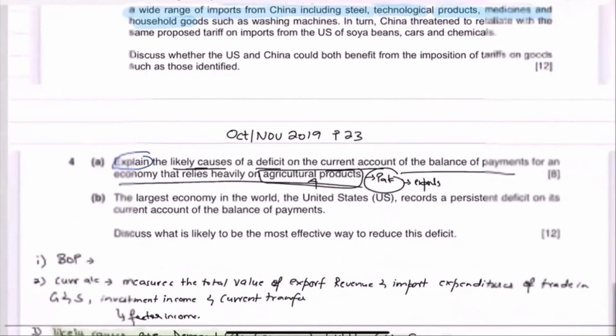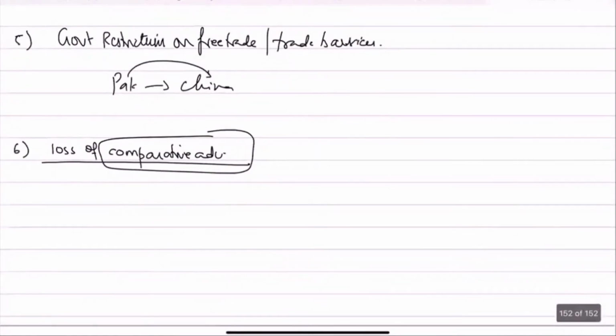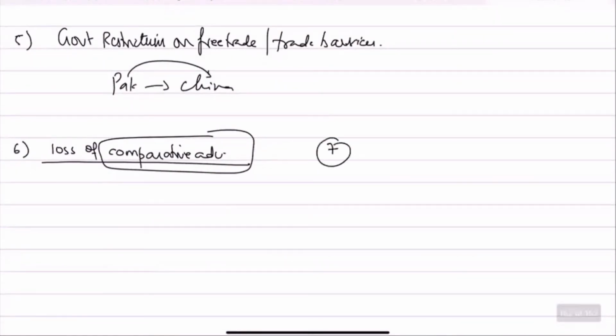And then there is another reason, the last reason that causes a deficit on the current account, which is resource depletion, right? Now we all know what resource depletion means: your resources are getting extinct, they are running out.